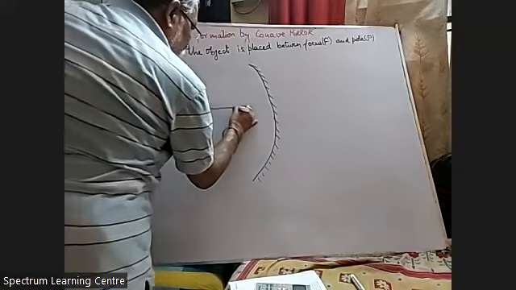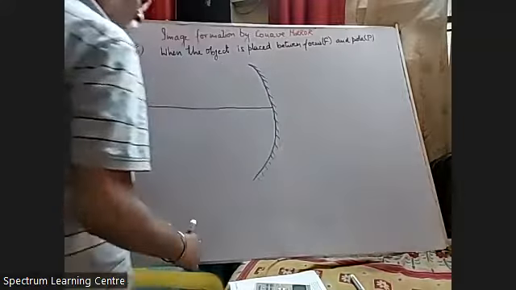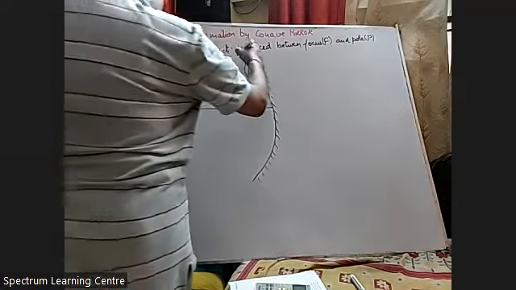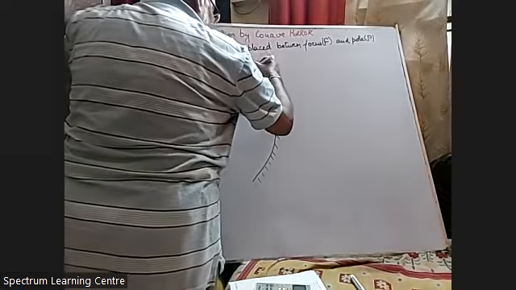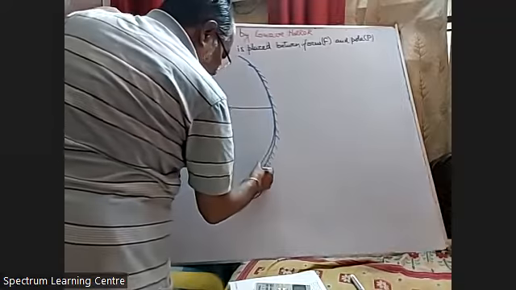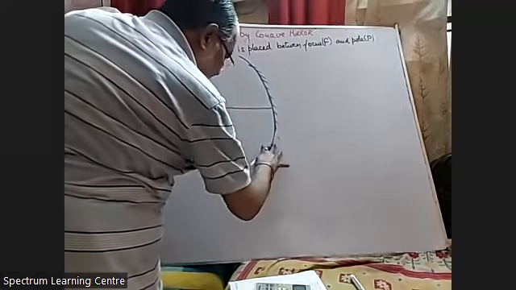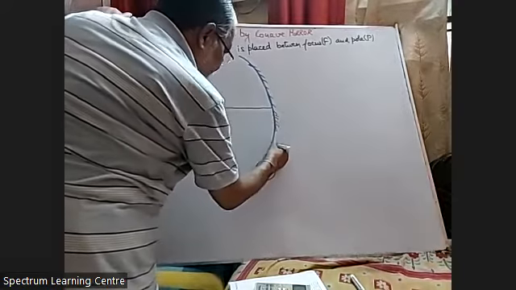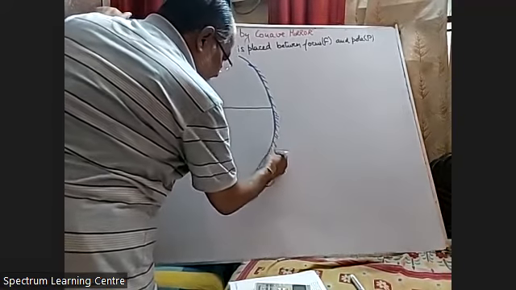Again, I am saying don't draw freehand, use scales and pencils, because I make much better diagrams when I draw it on a copy. It's difficult to draw on board. I am not habituated drawing diagrams on board.